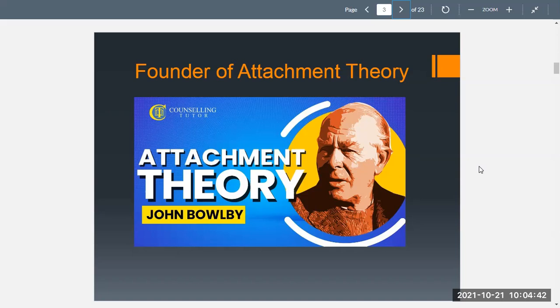It used to be that parents were told, don't be so lovey-dovey, don't smother your kid. Well, today it's flipped, and child development theory supports the idea that you want to support your child.